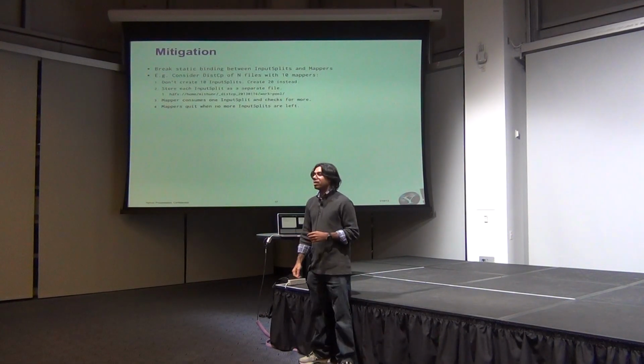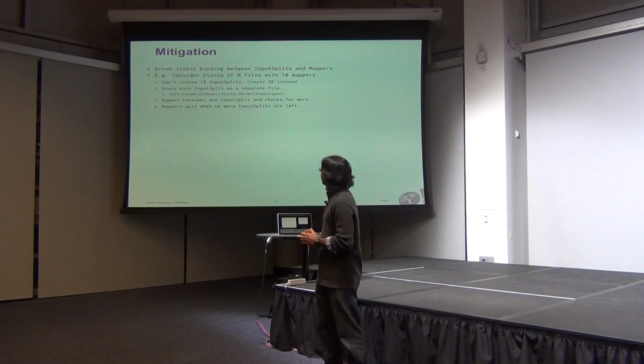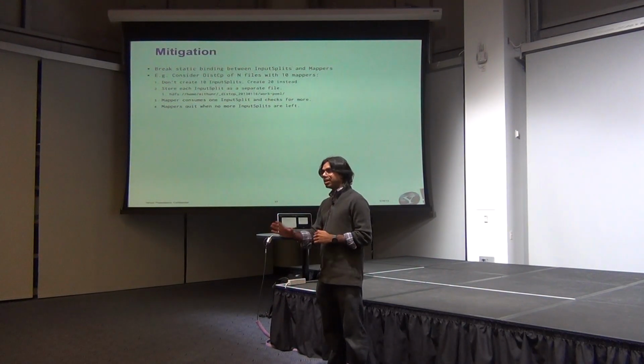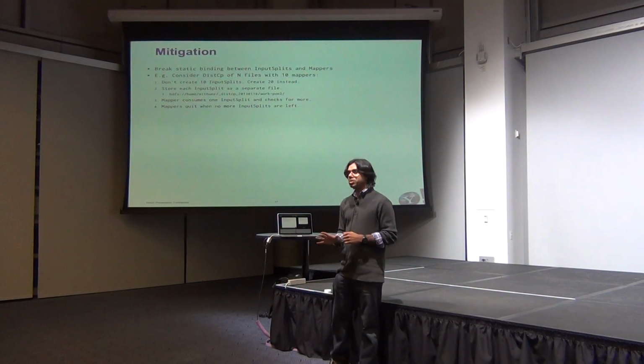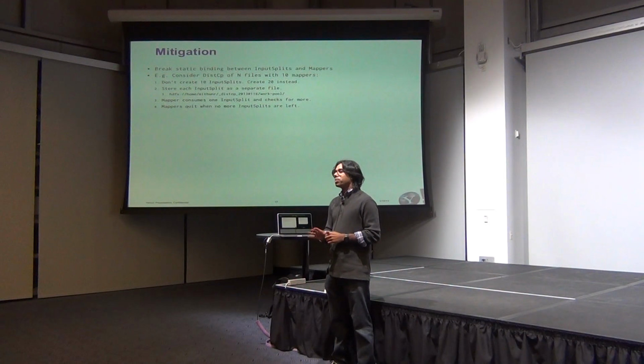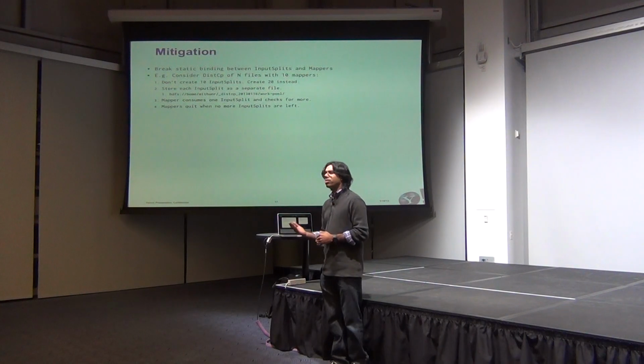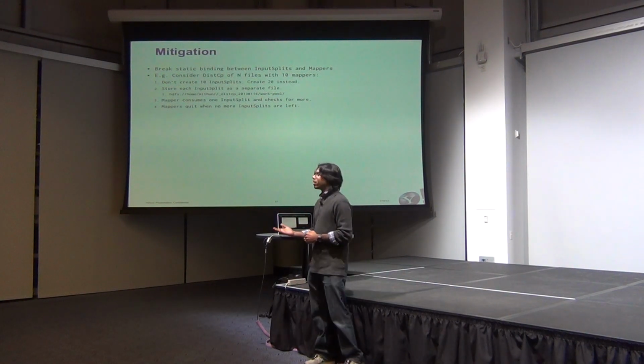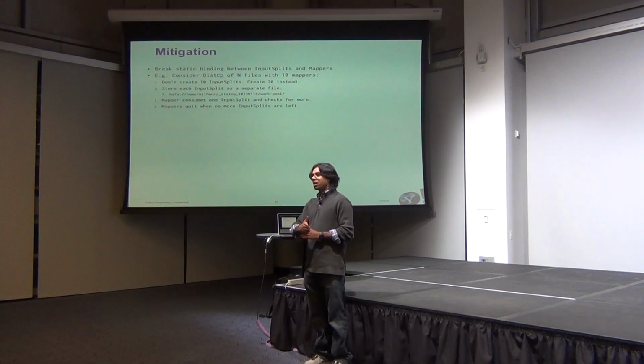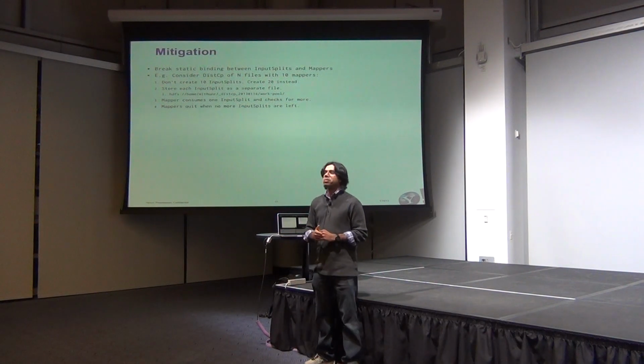Let's say you're copying n files, and you have 10 mappers. Ordinarily, you would create 10 input splits. What if you were to create 20 instead? And each input split is roughly half the size. Then all the mappers consume one input split each, and that still leaves 10 input splits unaccounted for.